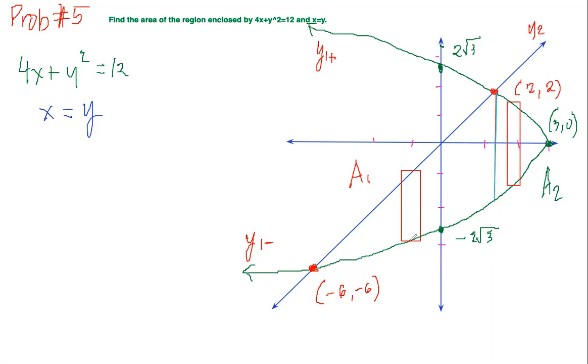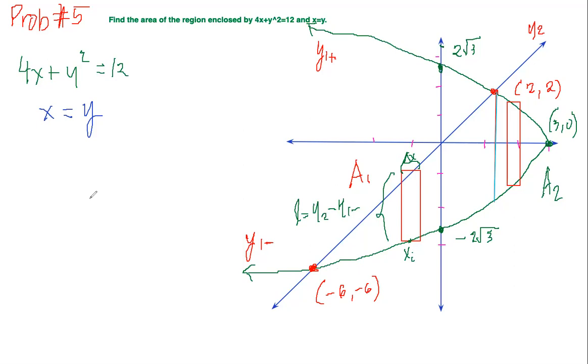Here, let's identify this as our x sub i, and of course, this is our delta x. The width is delta x, and our length is equal to the higher minus the lower. So y sub 2 minus y sub 1 minus, since it's the minus y sub 1.